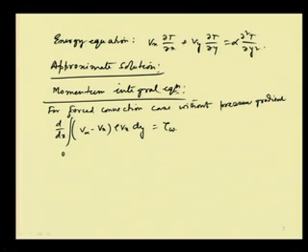Now, in the present situation, for free convection, we know that V infinity equal to 0, because the surrounding fluid is considered to be at stationary condition.